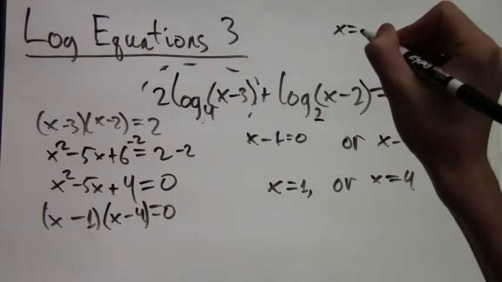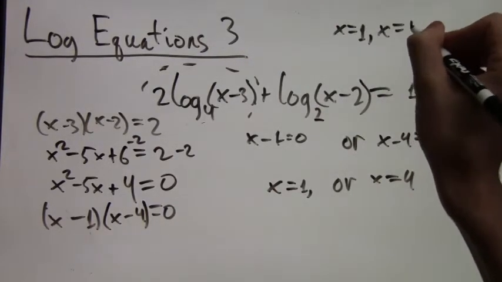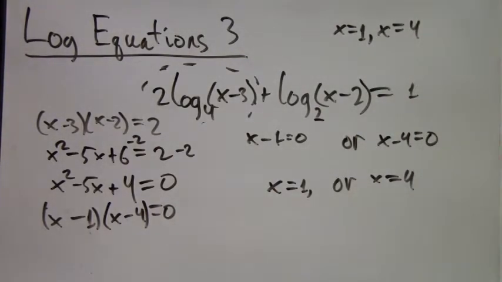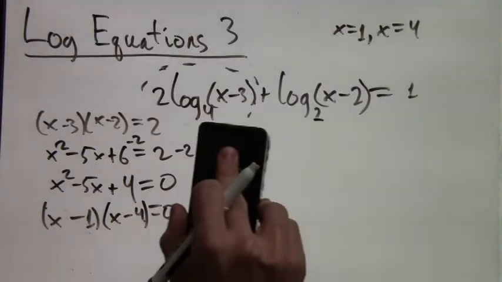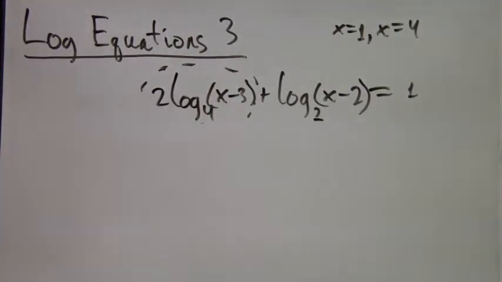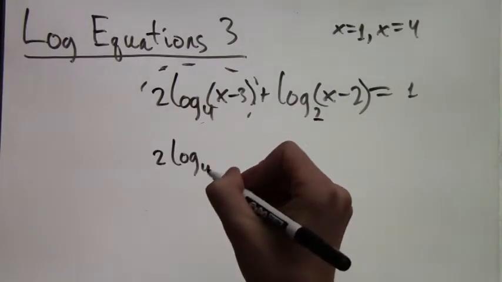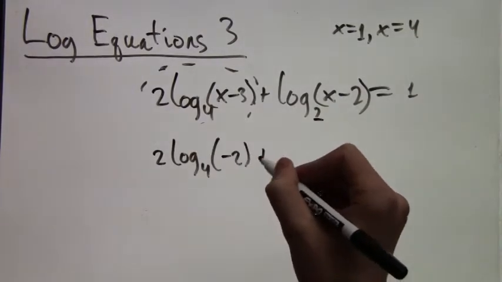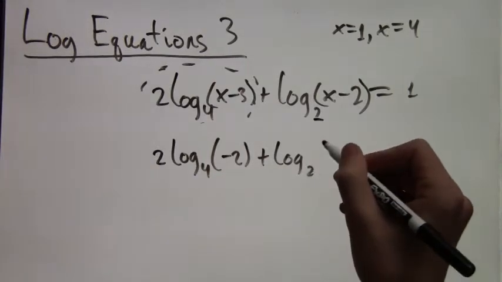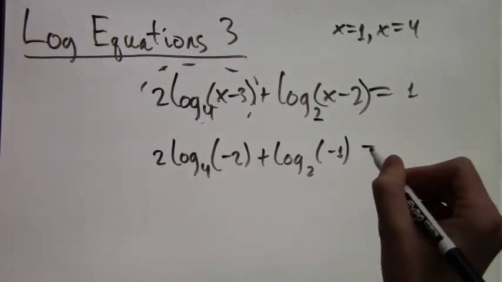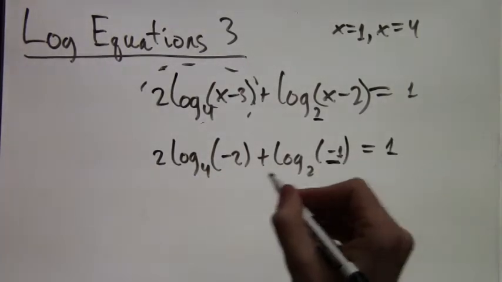Again, we have to check, do these answers work? Sometimes with logarithms, you run into the problem of trying to take a logarithm of a negative number, which is never allowed. So anyway, if we plug in x equals 1, we get 2 log base 4 of negative 2 plus log base 2 of negative 1 equals 1.